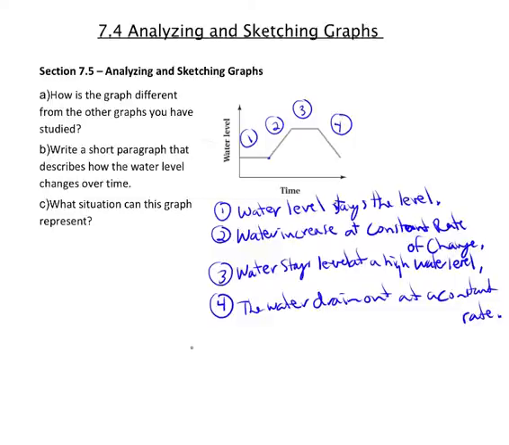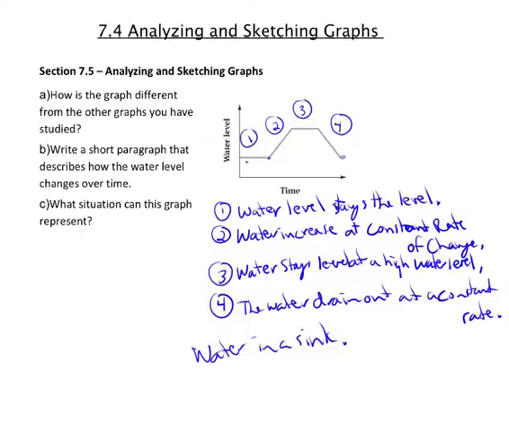Now, question C, what situation can this graph represent? I maybe think a water level in a bucket, or in the sink doing dishes. I like that one, water in a sink. Now, a little bit different: it's water in a sink, but it's not draining out all the way, because see where it stops here?